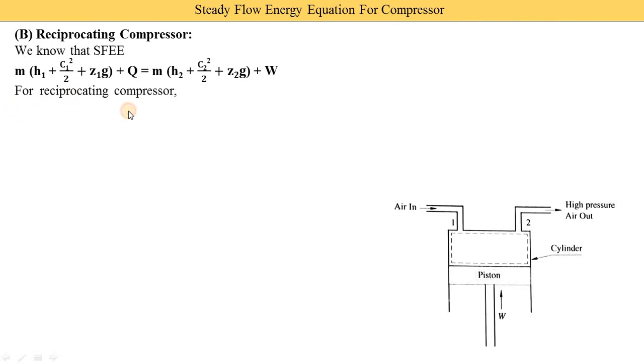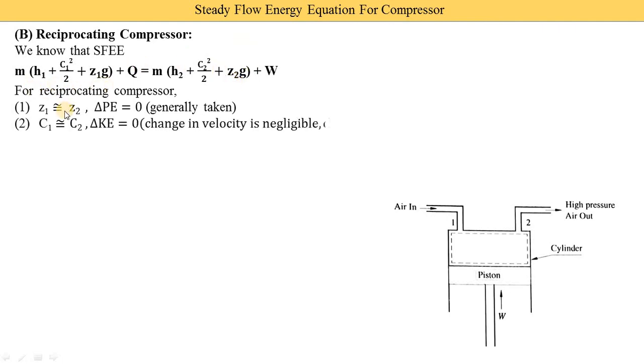For the reciprocating compressor, we consider the same parameters: Z1 and Z2 are nearly equal, so potential energy change is 0, and Z1g and Z2g cancel from the steady flow energy equation. Second, C1 is nearly equal to C2, meaning change in kinetic energy is 0. Change in velocity is negligible, so C1 square by 2 and C2 square by 2 cancel.